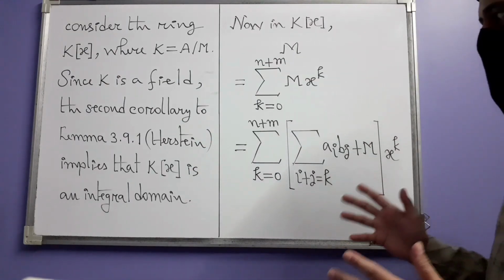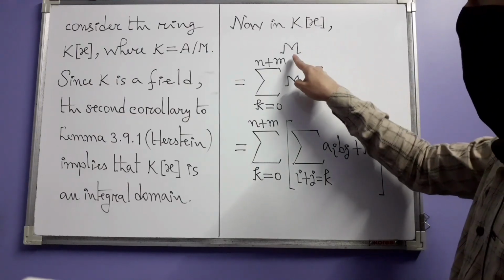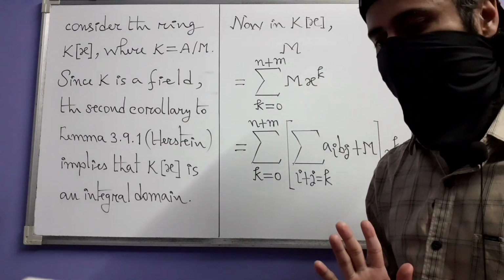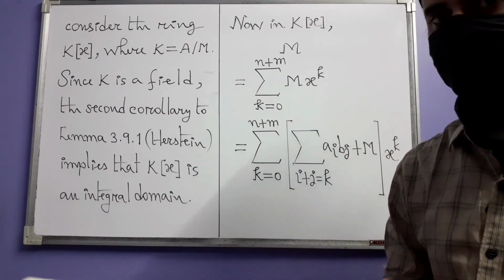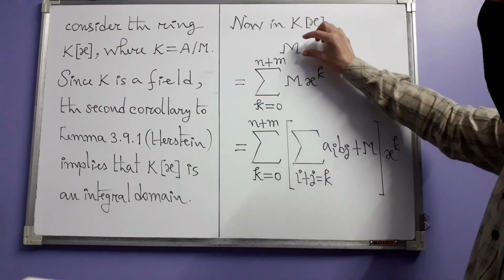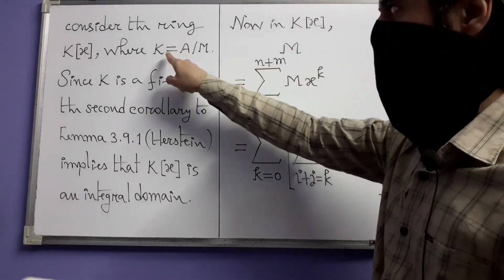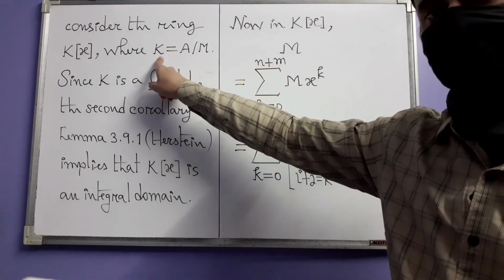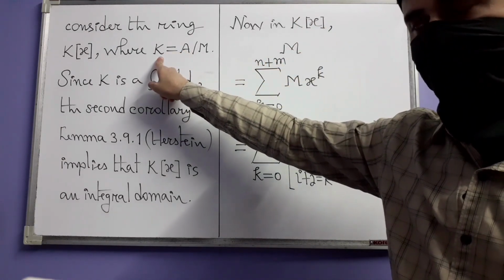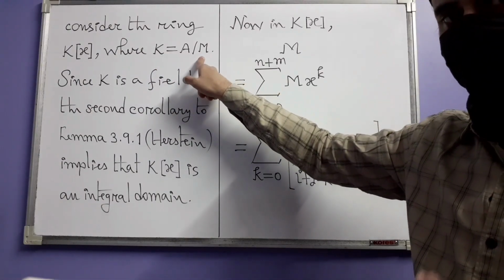Now we are going to do a calculation in this ring K[x]. We start with M. It may be a little confusing at first, but do not get confused. Note that M is the zero element of K, of the field K. The field K is basically a quotient ring, right?